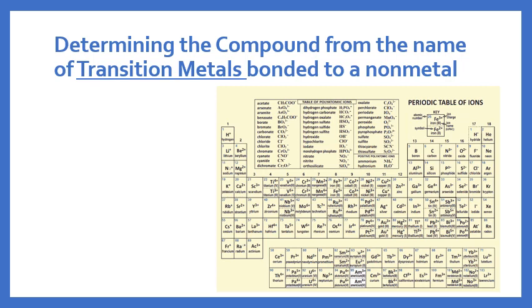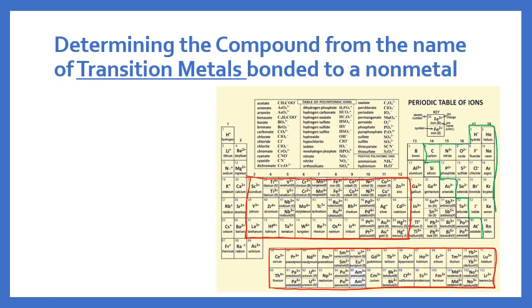Now we're going to move on to determining the compound from the name of a transition metal bonded to a nonmetal. So again, transition metals are the metals that fall in this highlighted red area, bonded to the nonmetals that fall in this highlighted green area.